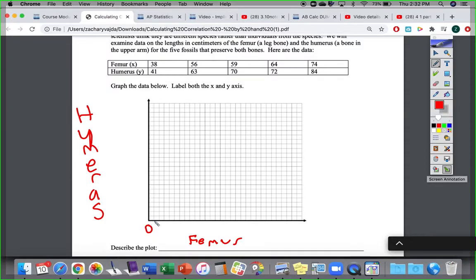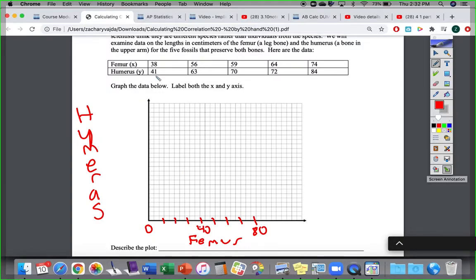Okay, so 0, then I will go 3 bars, 10, 3 bars, 20, 3 bars, 30, 3 bars, 40, 3 bars, 50, 3 bars, 60, 3 bars, 70, 3 bars, 80. Just a rough scale, so we're counting by tens.